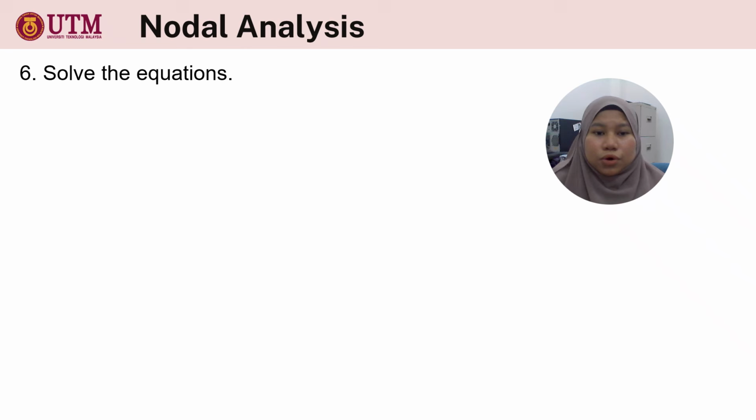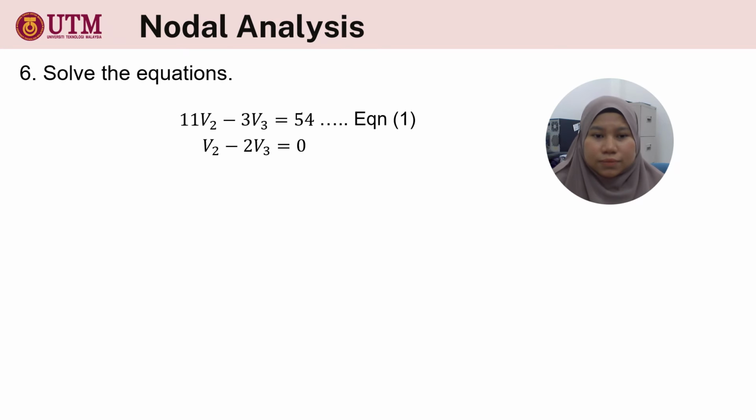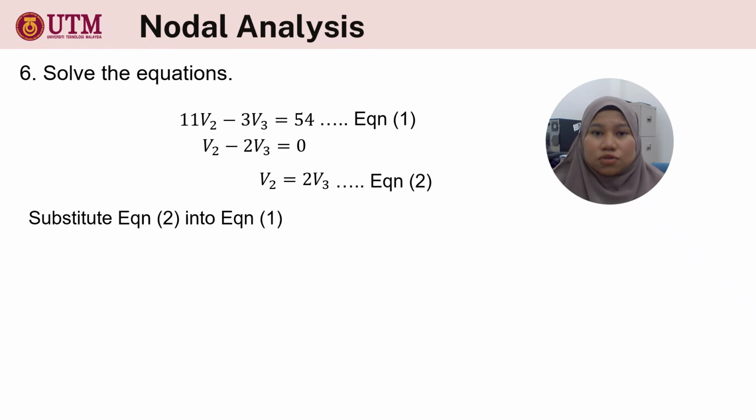So we already have those two equations, the first equation and the second equation. We need to solve them. This is a simultaneous equation where you can rearrange and use substitution.